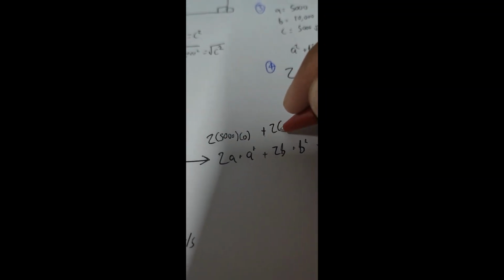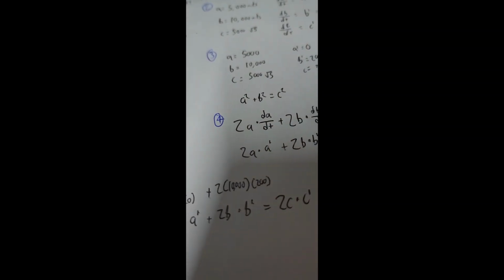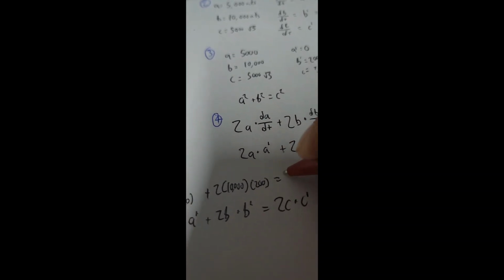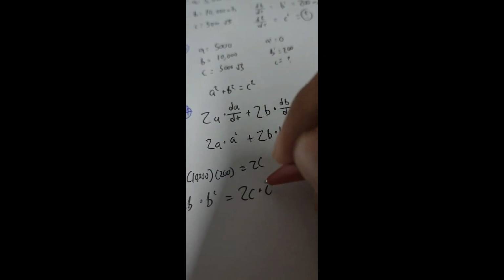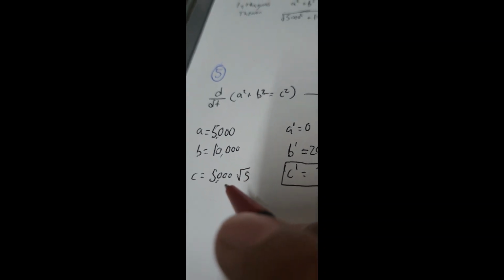We only change that, plus 2b. What is b? 10,000. And b prime is 200, so times 200. It's equal to c prime, where the value of c is 5,000 square root of 5.